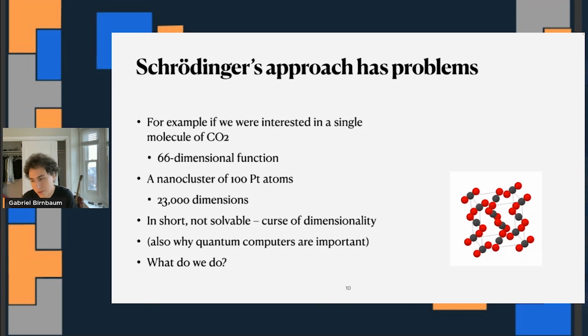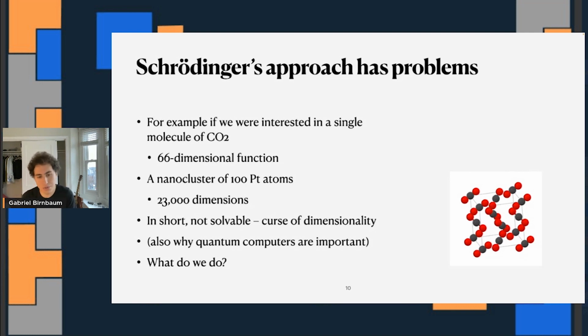Basically incredibly impractical. And if we were interested in a nanocluster of 100 platinum atoms, the full wave function requires more than 23,000 dimensions, which is not solvable at all with our current computational structures. It's just not manageable due to this thing called the curse of dimensionality.